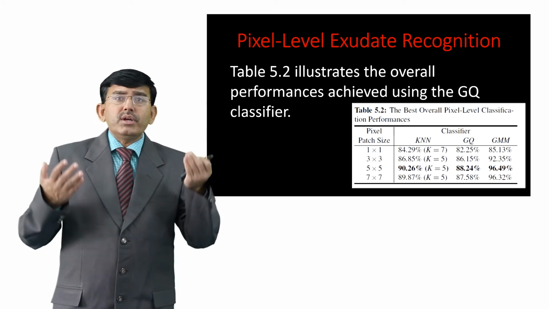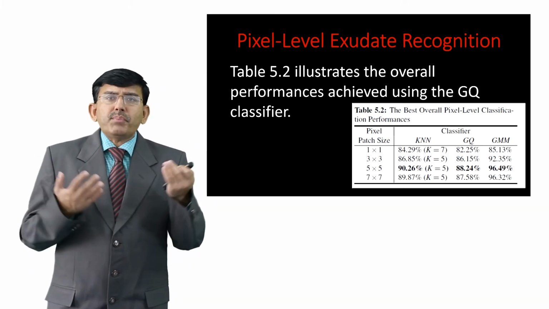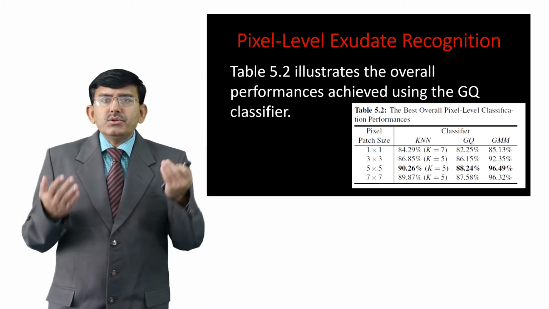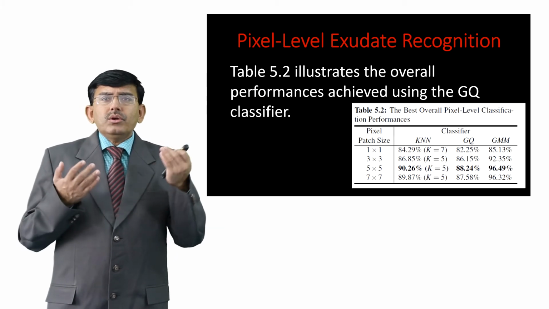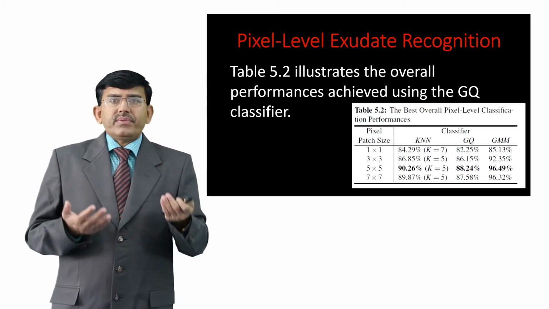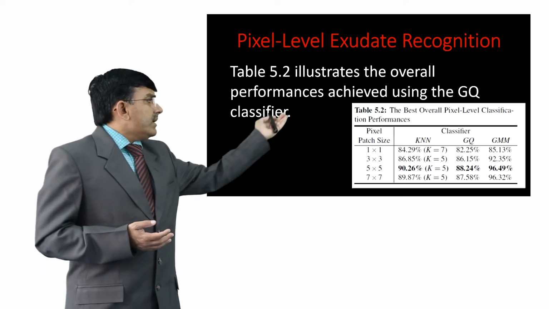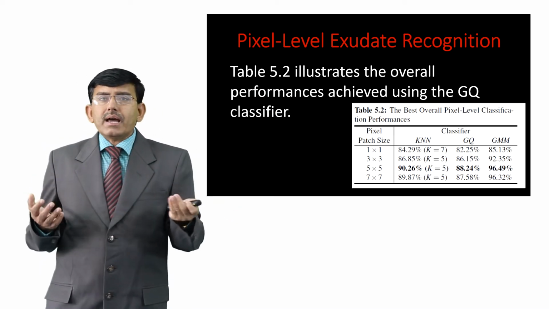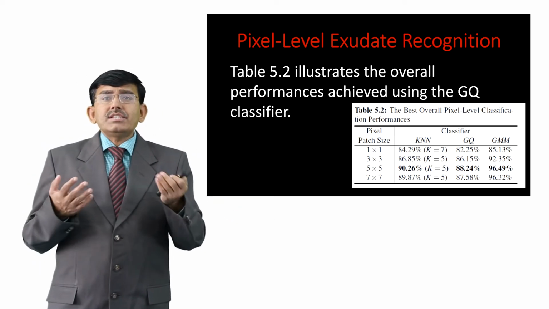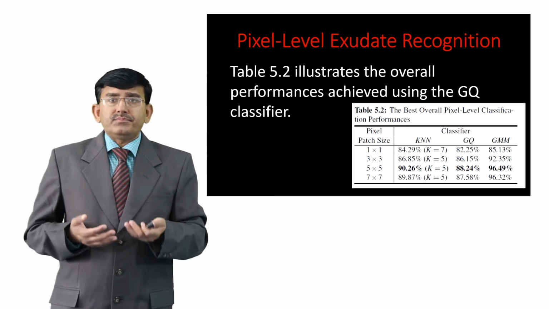Table 5.2 illustrates the overall performance achieved using the GQ classifier, and other classifiers are compared with this GQ. The others are the KNN and GMM classifiers.